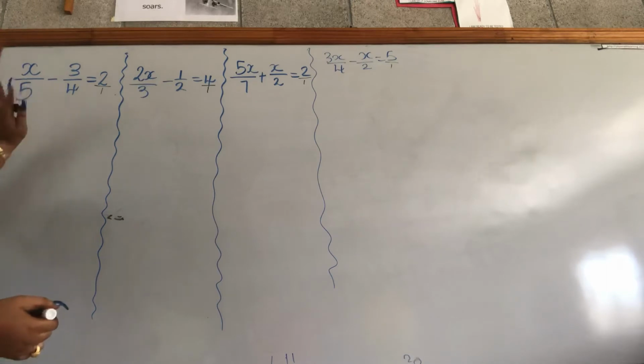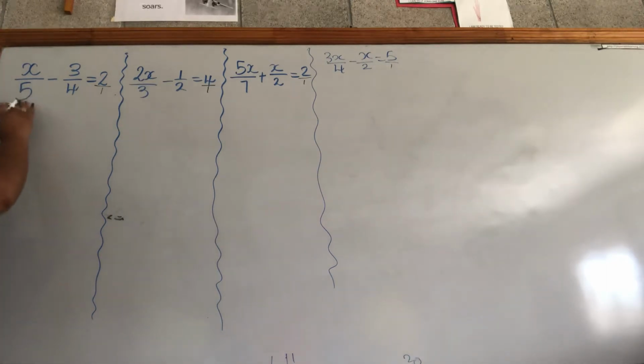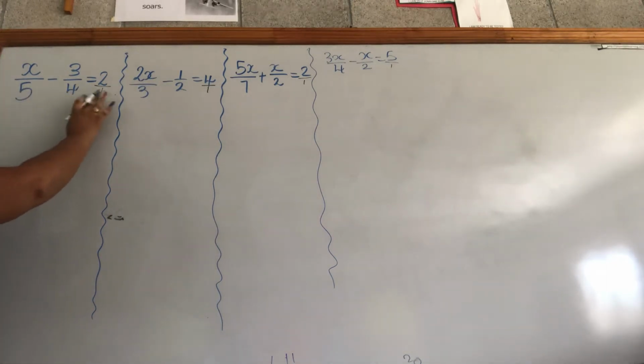Alright? So let's go. The denominators are 5, 4, and 1.